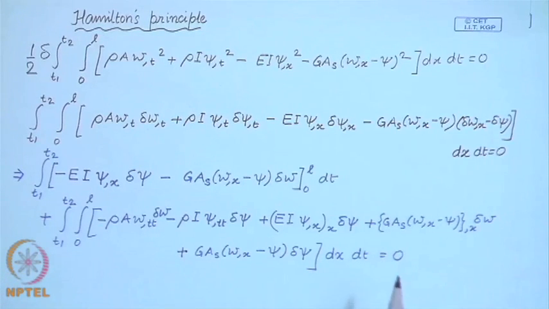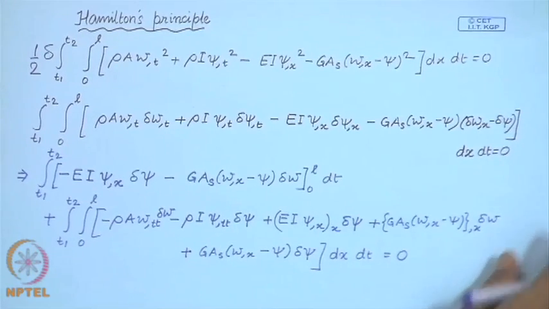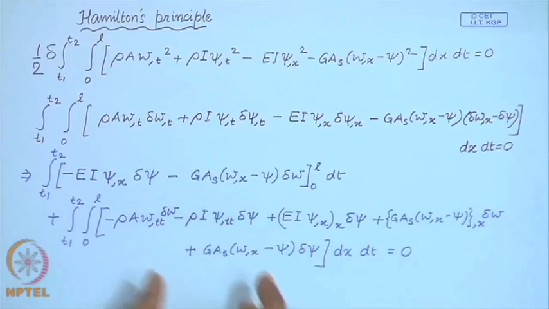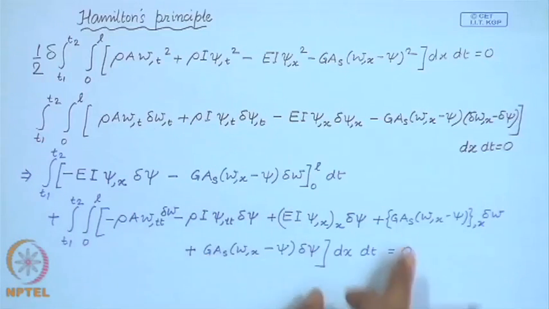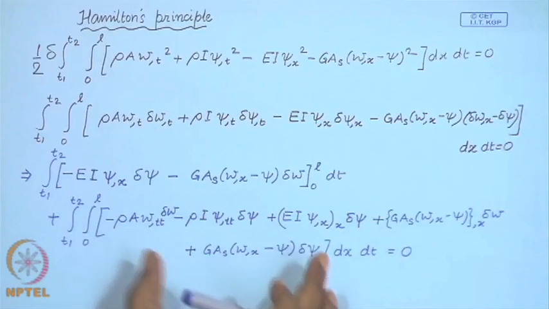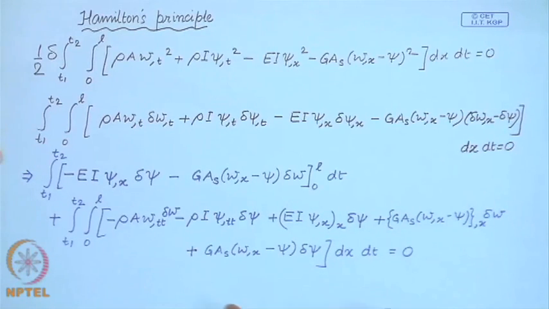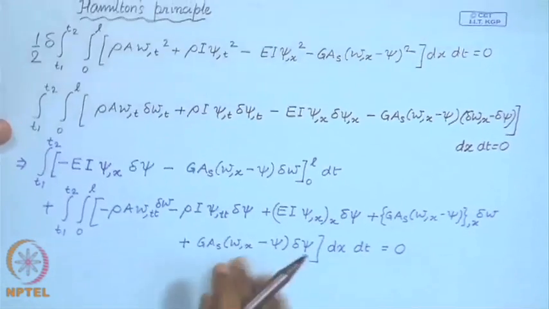So, this must vanish. Now, again using the condition of vanishing of these variations at the boundary and variation over the domain, we can invoke the same arguments and obtain the equation of motion.